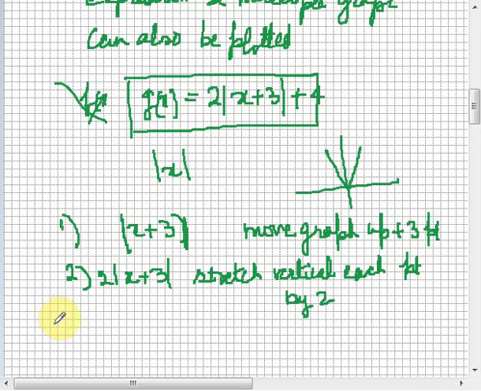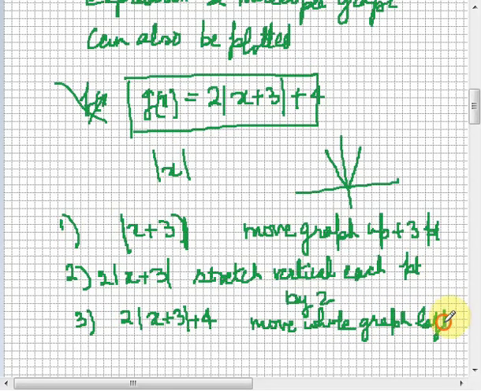Then again at 4, what is the graph of 2 mod x plus 3 plus 4? We move the whole graph left by 4 points. So from the graph of mod x, first we move this, then to this, then to this, then we can easily plot the graph of this function. This is the purpose of transformation of functions. You can very easily plot the transformation of functions.